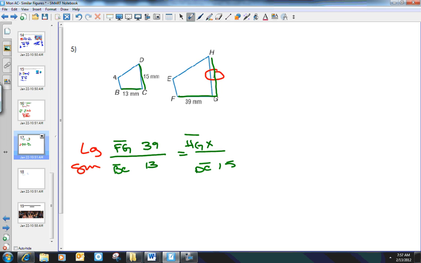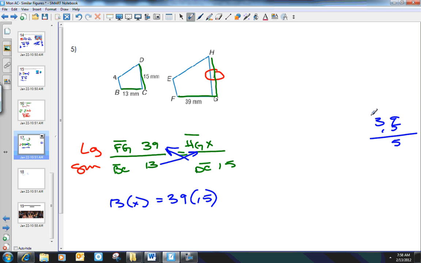Now we have to figure out 13 times what number is equal to 39 times 15. Once again, we're going to have to come over here and figure out what 39 times 15 is. Okay, and so that's 505. And that is 13 times some number will be equal to 505, so we're going to divide by 13.